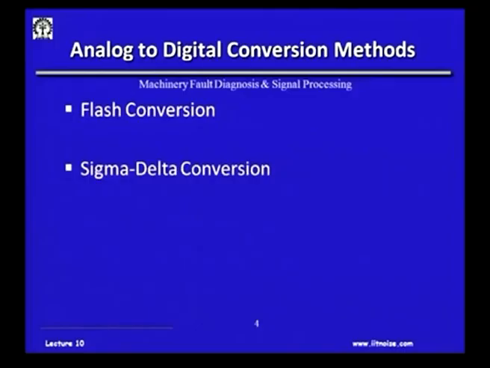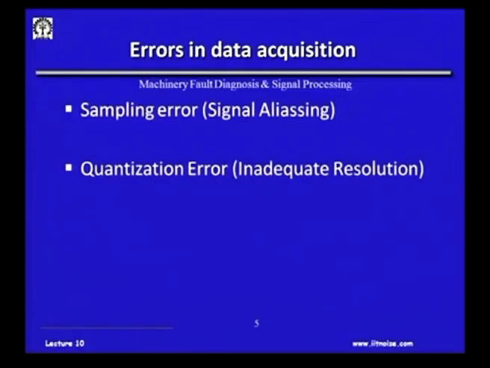Well, what is the process of doing A to D conversion? There are two popular conversion methods. One is the flash conversion and the other is the sigma delta conversion. In this course, I will not be going into the details of how the A to D process is done inside the card, but it will suffice to say that the sigma delta conversion is the most popular in the A to D converter cards available in the market, and we can now see what are the other features available in these A to D cards.